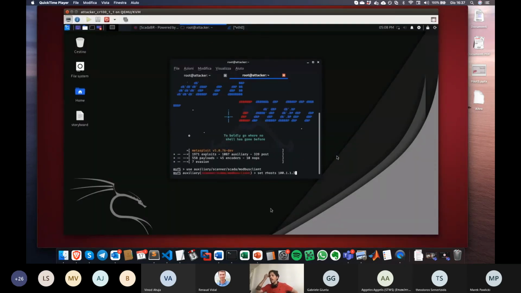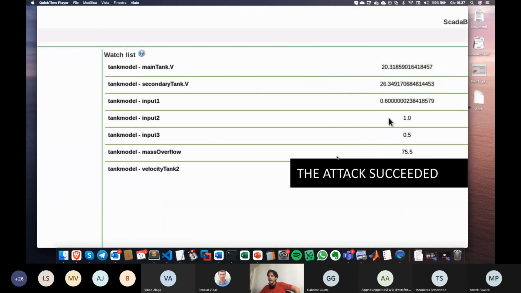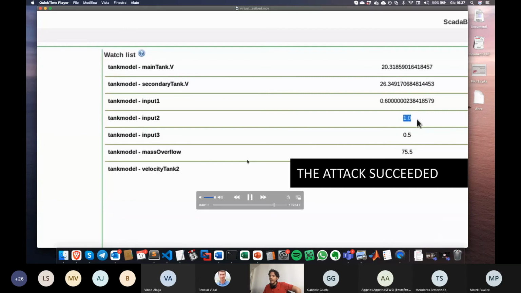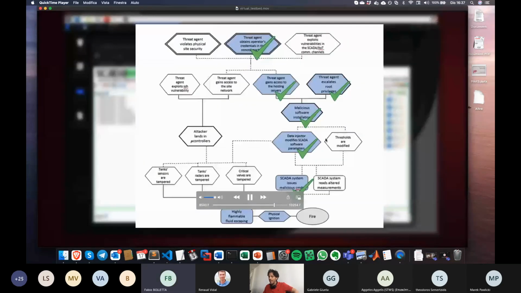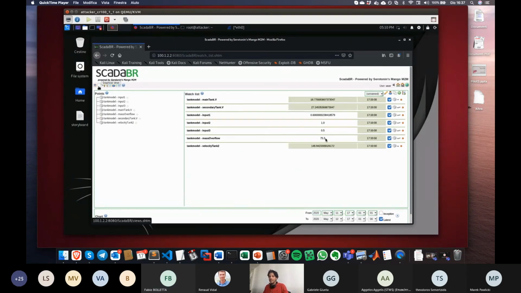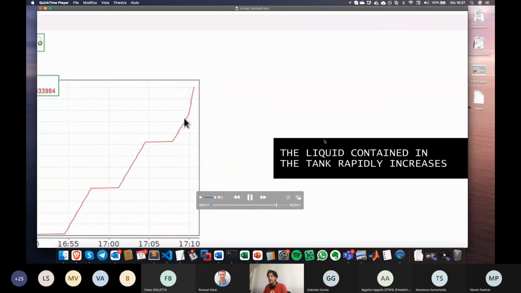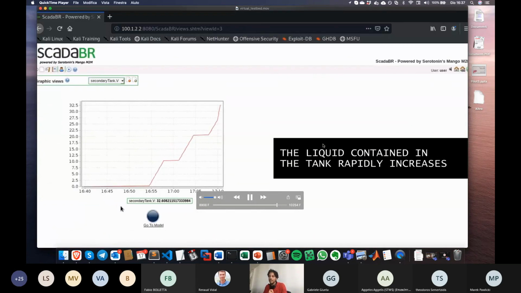So in this way, we want to inject the value, and now we change the state of the valve. So now you will see the values of the tank fluid increase because the valve is still open, even though it must be closed.